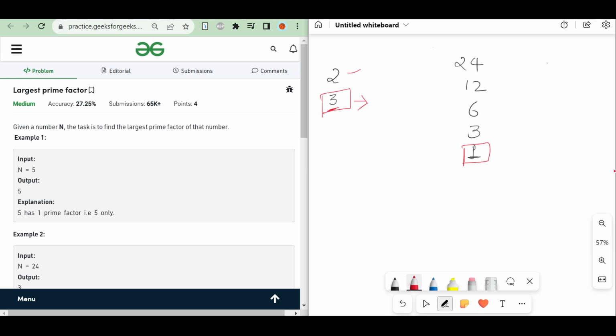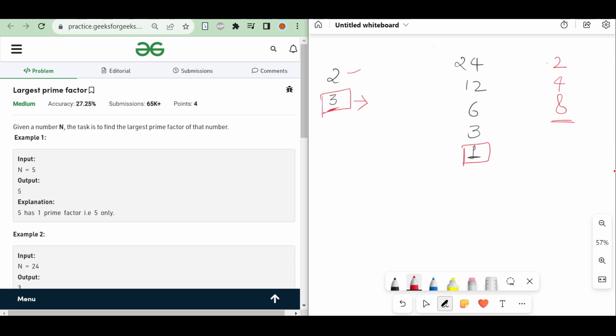The number which divides the result will definitely be a prime number, because if I am dividing it by 2, then I'm actually removing 2. If I'm again dividing it by 2, then I am removing 4 from it, and again dividing it, I will be removing 8 from it. In this way I am removing all the non-prime factors from it.